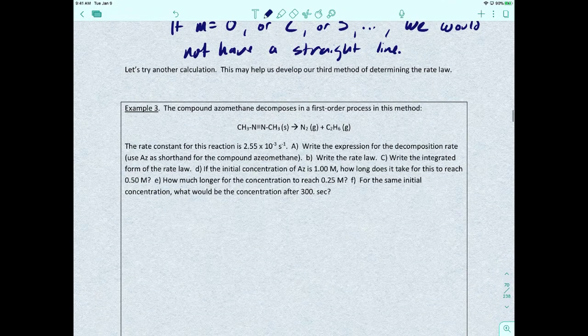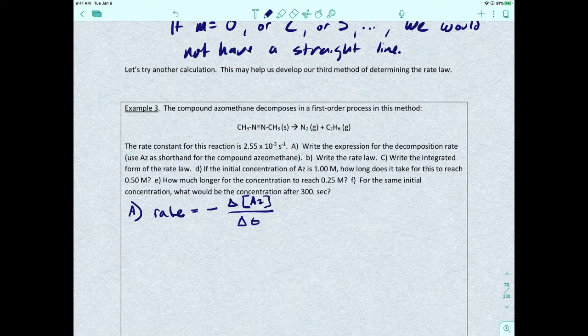All right. So the first one, write the expression for the decomposition rate. For part A, the rate would be equal to the negative change in the concentration of azomethane divided by the change in time. That's what part A is asking for: the expression for the decomposition rate.